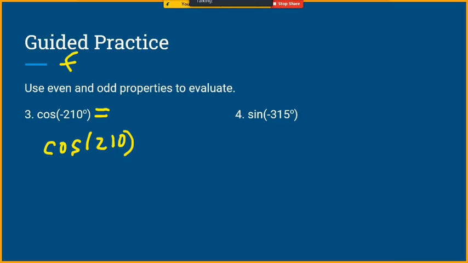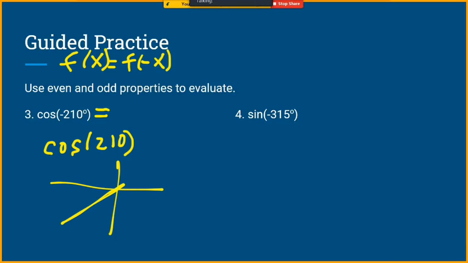That's just using this property of an even function, f of -x is equal to f of x. Now I could just figure out what that is. That's going to be an angle in quadrant 3 with a 30-degree reference angle. Cosine is negative in quadrant 3, so that's going to be negative root 3 over 2, because the cosine of 30 is root 3 over 2, and it's in a negative quadrant.